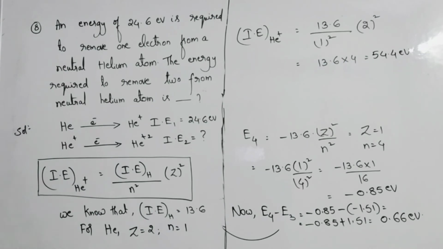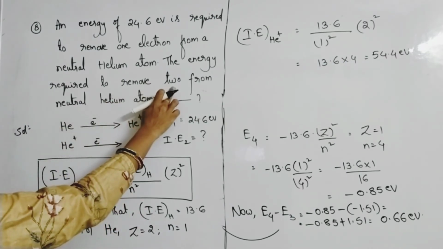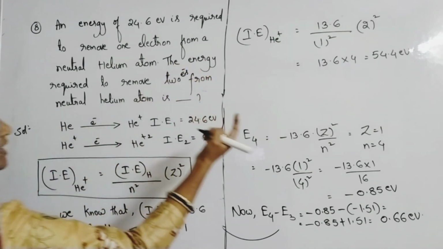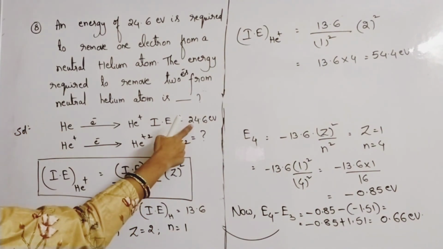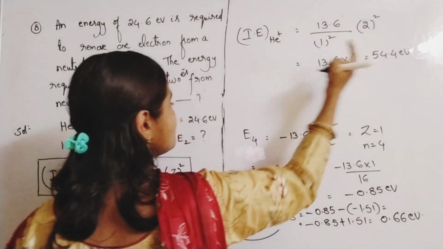Now how much total energy is required to remove 2 electrons from that helium atom? Initially IE1 is 24.6. Now IE2 is 54.4.